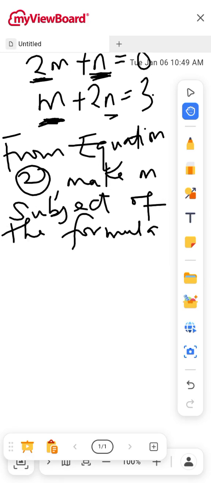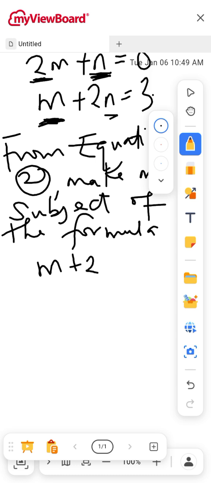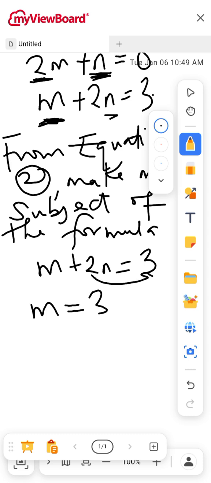We already have m plus 2n equals 3. And what do we mean by subject of the formula? It means you want m to stand alone. We have m plus 2n equals 3. So by making m the subject of the formula, when you bring this 2n to this side, we now have m equals 3 minus 2n. Call that equation 3.